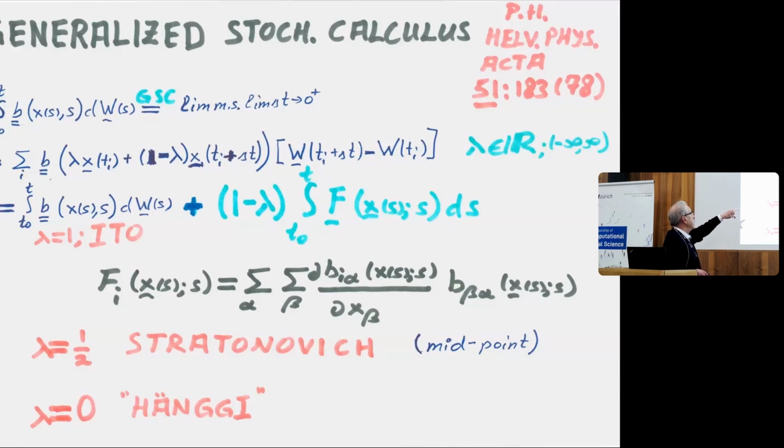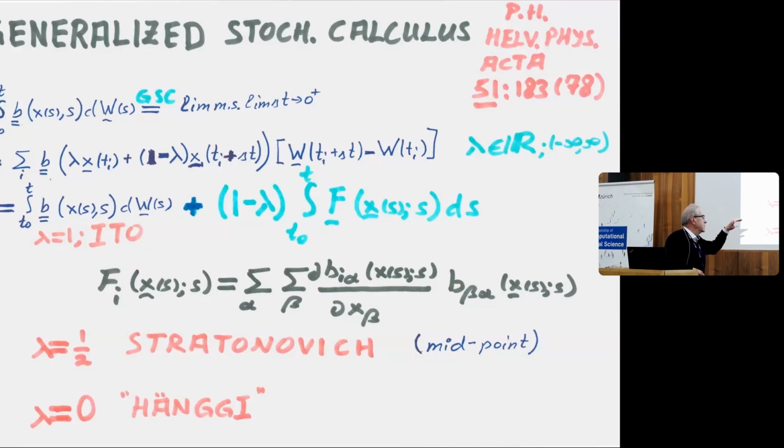You probably know the Ito interpretation, which is lambda equals 1, where all of this goes away, with 1 minus 1 being 0, and so on. And you have here a 1. That is a nice martingale property, which is why mathematicians constantly use only martingale Ito. And Stratonovich used the one half. I met Stratonovich also personally, and the differentiation rules go nicely with the lambda one-half Stratonovich interpretation.